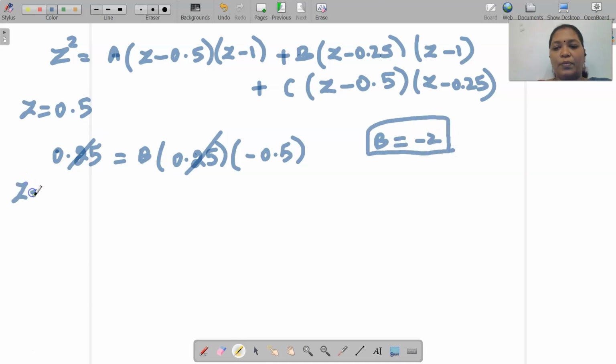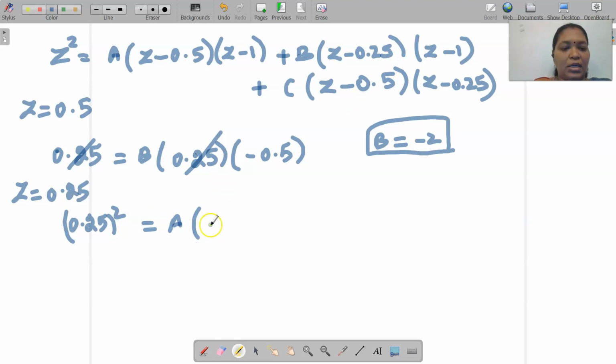Now substitute z equal to 0.25. So I have 0.25 the whole square, that is equal to, so B and C get cancelled, I'll get only A value. 0.25 minus 0.5 is minus 0.25, into 0.25 minus 1 is minus 0.75.